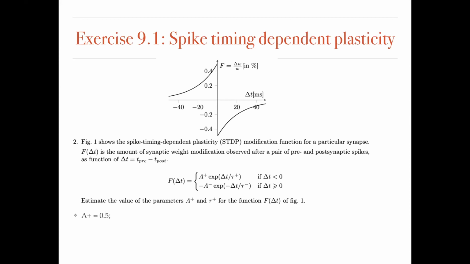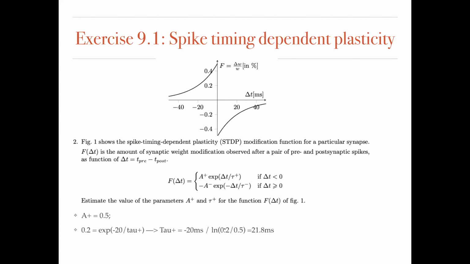And then to calculate the tau plus, we're still on this curve, and we can look on the curve, and we have that for a value of -20 milliseconds, the function value is 0.2. And so then we can plug in the numbers in the equation.